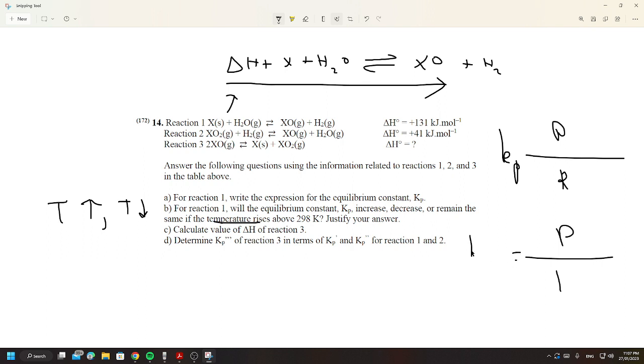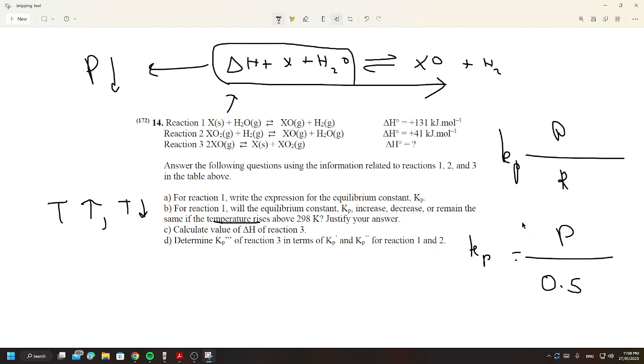This is before we increase the temperature. Now that we increase the temperature, these have been consumed. Therefore, the pressure of these will decrease, right? Initially it was 1. Let's assume now it's 0.5 or something, right?